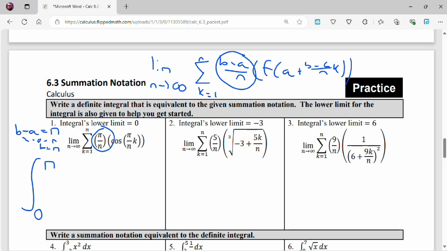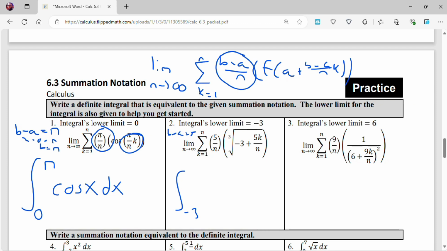All right. And now we're going to write the inside of the integral, or the integrand. So we write cosine, and this part in here is just going to be x. So dx. Next question. Integral, lower limit, -3. So b minus a equals 5.